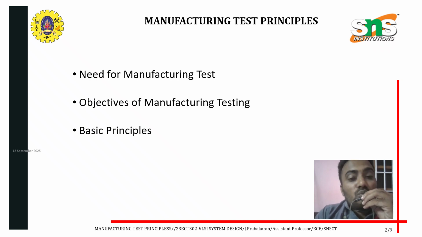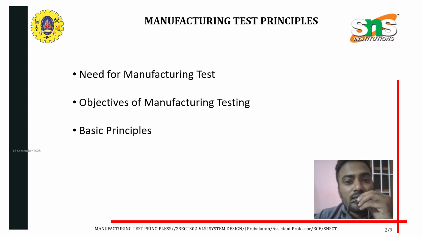Even with advanced manufacturing techniques, defects such as open circuit, already we have discussed, stuck open circuit and stuck short circuit, and parameter variation may occur during the manufacturing process. Testing ensures that only good devices are shipped to customers, improving trust and also reducing field failures.